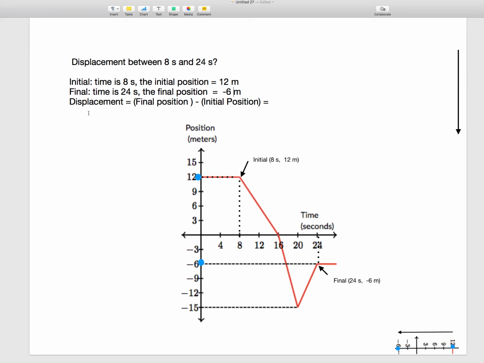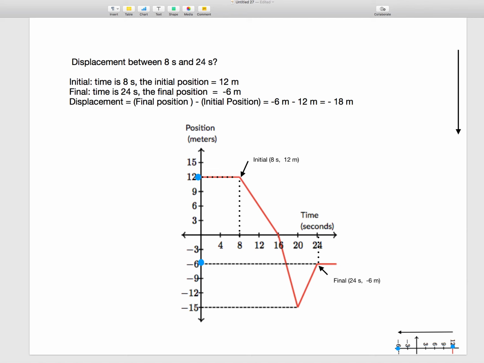Okay, so the displacement is final position minus initial position, so I would put minus 6 meters minus 12 meters equals minus 18 meters. So this is the displacement: final position minus initial position.